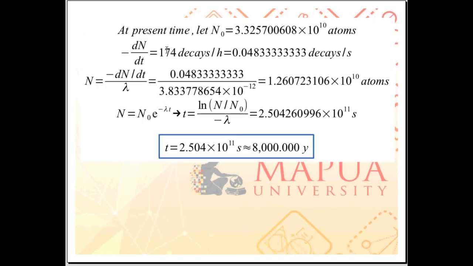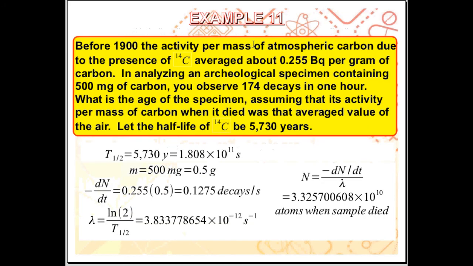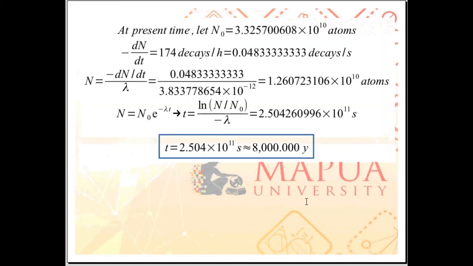So let the initial number, the original number of atoms N naught, be equal to the N that we calculated, 3.325700608 times 10 to the 10 power atoms. At present time, the decay rate is given by the problem.